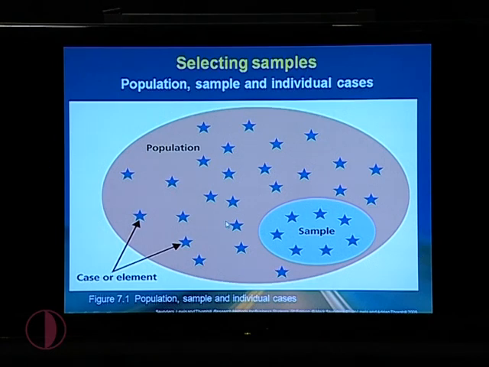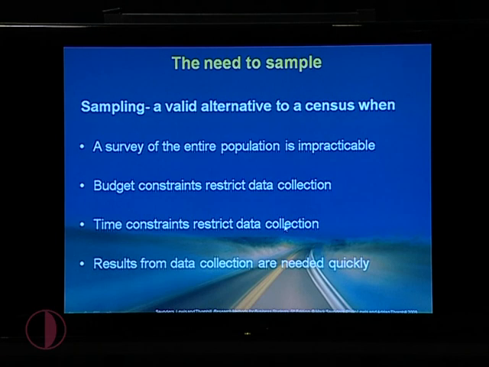So let's have a look. This is the whole population, and we need to have a sample to represent the population. Each element or case that makes up a group is considered a sample. Why do we need a sample? Because it's not easy to cover all the population.